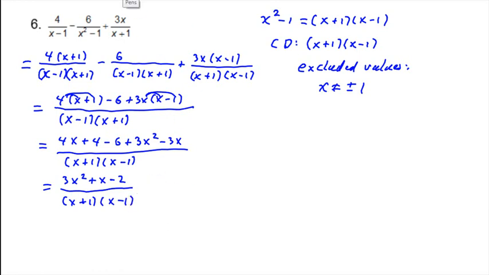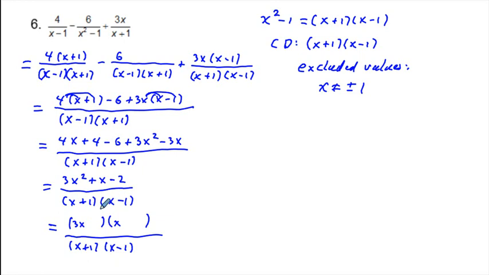Now, it's going to help us a lot if we can factor this numerator, and we can factor in a bunch of different ways. I'm going to go the fastest way I know how. I'm rewriting the denominator, x plus 1, x minus 1. So we have 3x squared, and we know the factored form of 3x squared is 3x and x. We know we have minus 2, so we have plus 2 and 1 as the only possibilities.